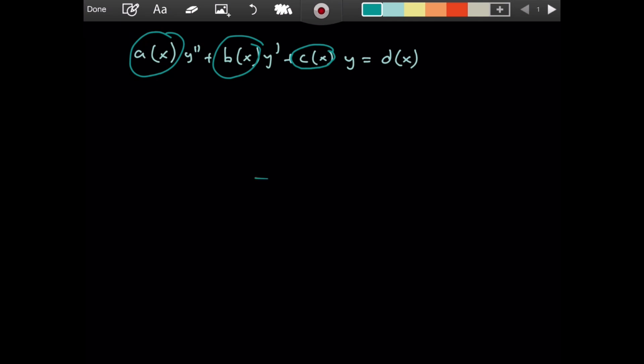So we have a y double prime plus b y prime plus c y. And I forgot to say, this d of x is also a constant, and it is a special constant. It is 0. One of the most famous numbers of all time and one of my favorite numbers of all time. So we got this.